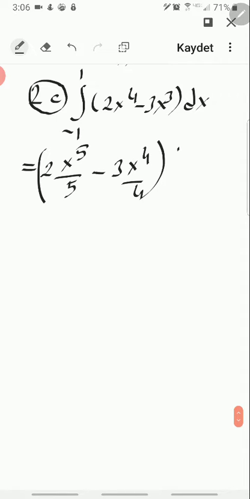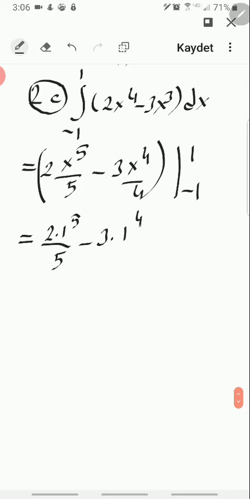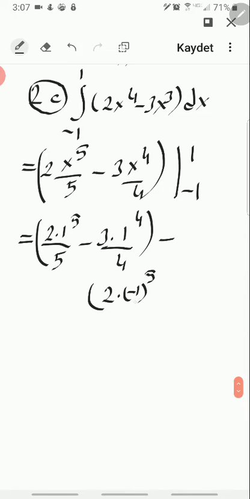Now we substitute 1 and minus 1 and take their difference. You see that we don't have cancellation, we just substitute 1 and minus 1. 2 times 1 to the 5 over 5 minus 3 times 1 to the 4 over 4. Let us subtract the value at minus 1: 2 times minus 1 to the power 5 over 5 minus 3 times minus 1 to the 4 over 4.